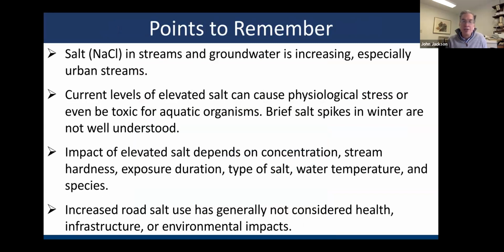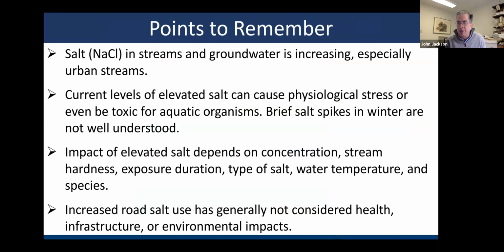So these are the same points that I gave you at the start. It's increasing. Salt is everywhere, and it increases with your degree of urbanization. Roads and parking lots, primarily. The current levels are clearly, at some sites, going to be physiologically stressful or even toxic. The brief spikes look to be important, but they're not well understood at all.